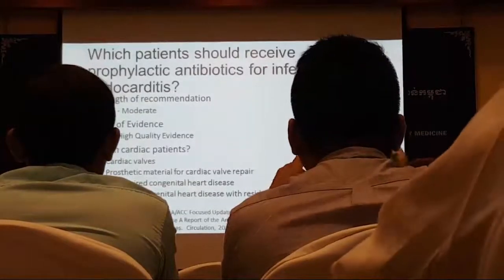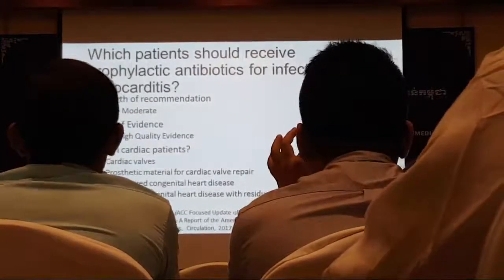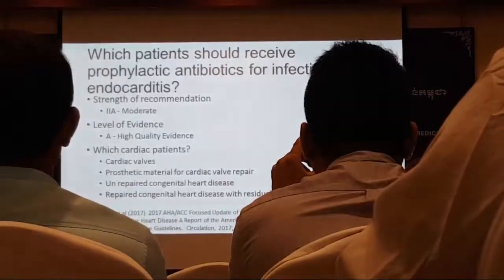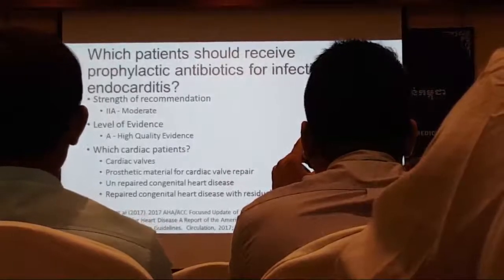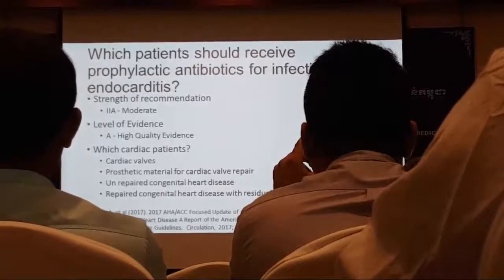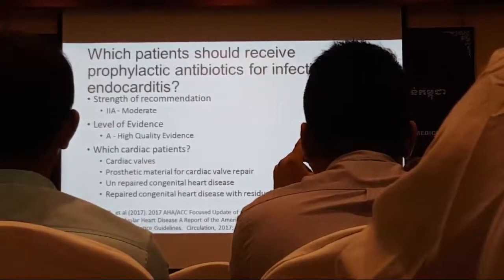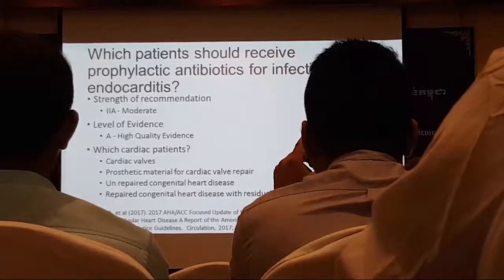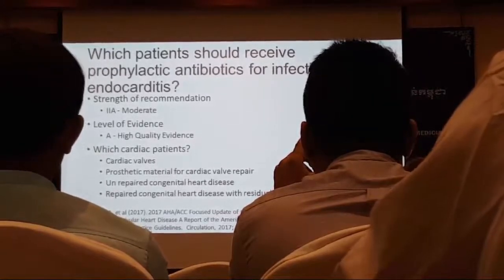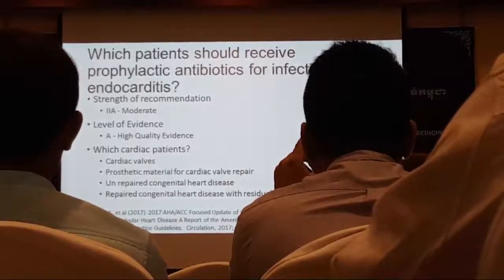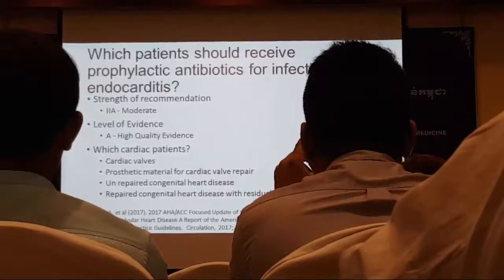So the first topic I'd like to discuss is infective endocarditis. The American Heart Association has said that, yes, we have moderate recommendations for the use of antibiotics in some patients that have had previous cardiac problems. The evidence is fairly high. The patients that we know that we should consider for treating and preventing infective endocarditis are patients that have cardiac valve problems.